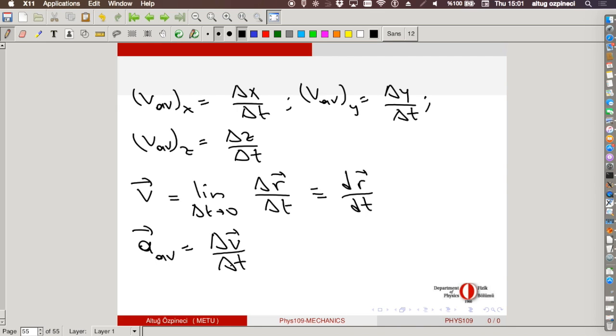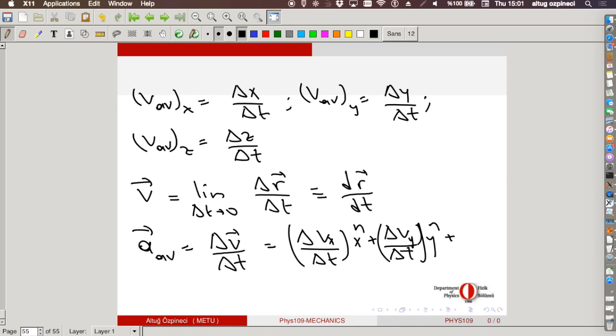And again, in terms of the components, this will be the change in the x component divided by delta t, the change in the y component divided by delta t, the change in the z component divided by delta t. And similarly for the instantaneous acceleration, you just take the limit as delta t goes to 0.